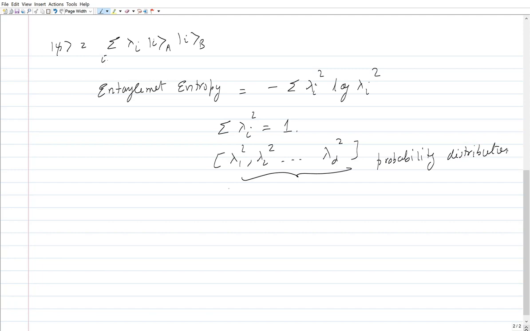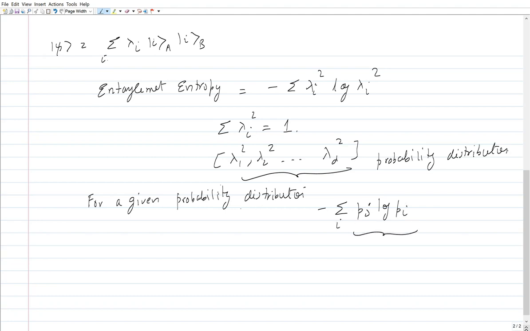So I can define, for any given probability distribution, the Shannon entropy.